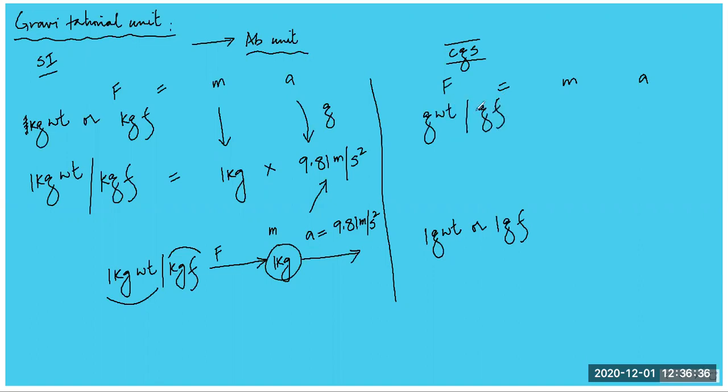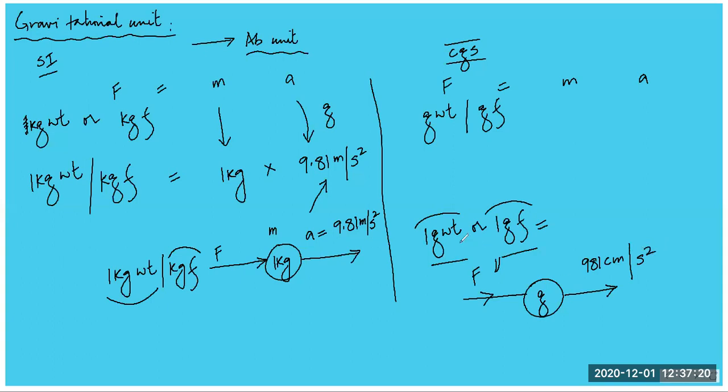One gram weight or 1 gram force is said to have been applied on a body having a mass of 1 gram when it is accelerated by 981 centimeter per second square.